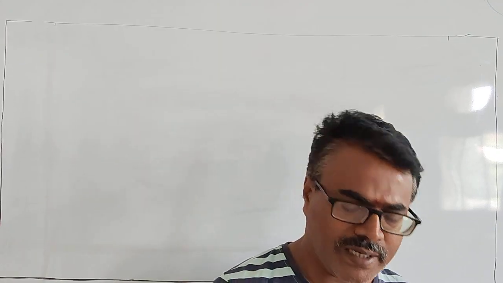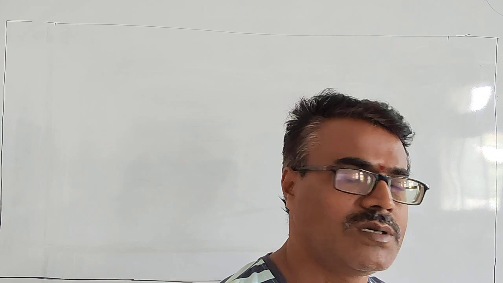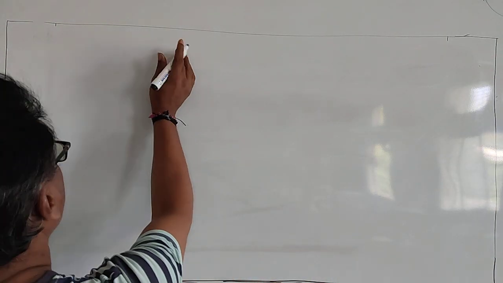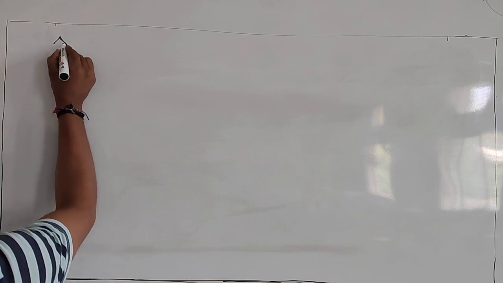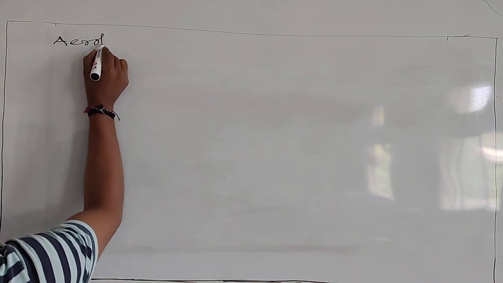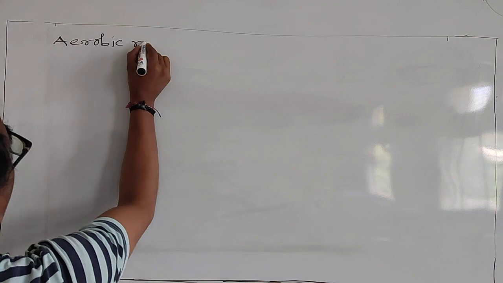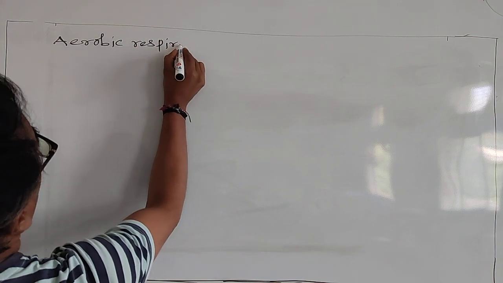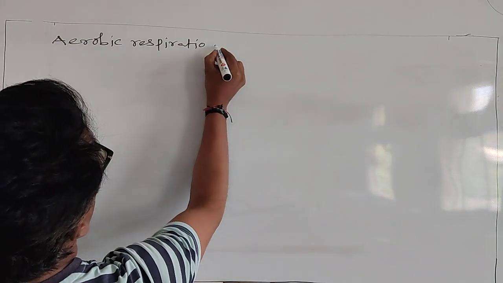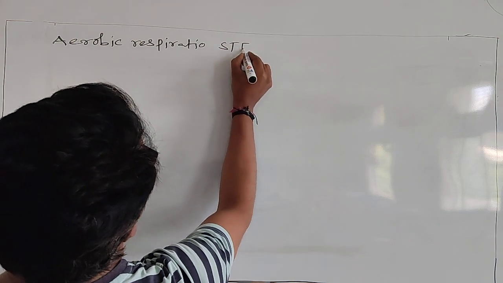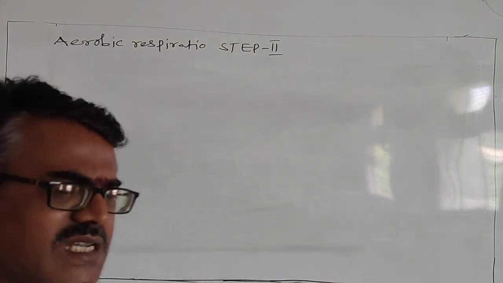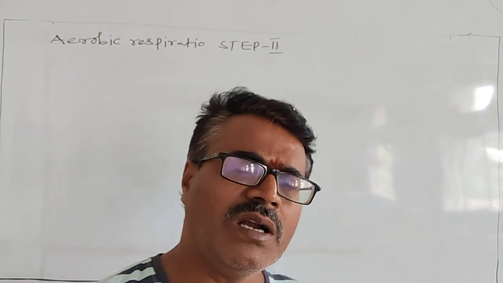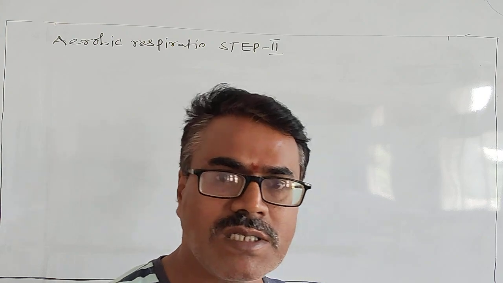Today we discuss respiration in higher plants, aerobic respiration. Previously we discussed step 1, that is glycolysis.